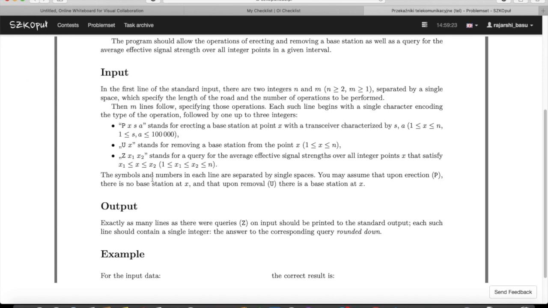Or we can remove a station that was placed at X at a previous point, or we can be given X1 and X2 where we have to find the average signal strength in all the points from X1 to X2. The average is just the sum over all the signal strengths divided by the length.